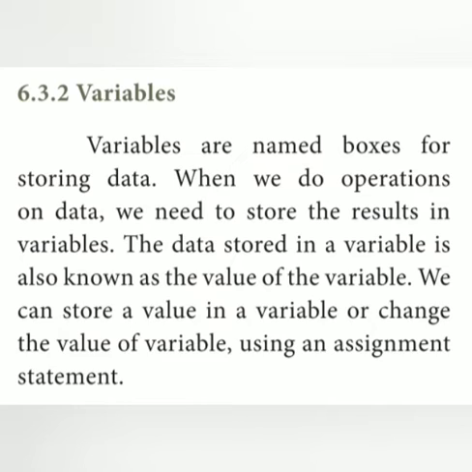For example, we can store a name or numbers; first we create the particular variable. The variable can hold numbers, text, a date and time, anything. So we create a variable name, and these variable names are the boxes for storing data.